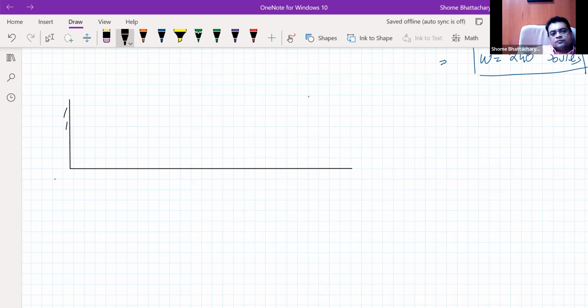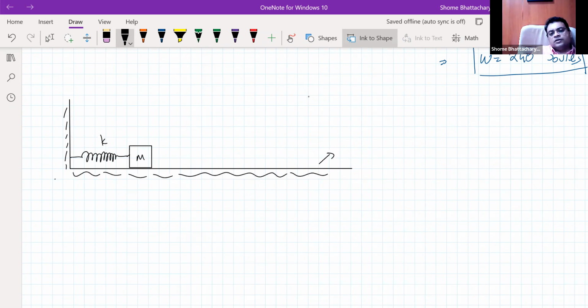Okay, so with the spring, we've attached a certain block of mass m, and this is a rough surface. It has a given coefficient of friction. Now, initially, the spring is at natural length. So this is the initial position of the block. Now we start pulling the block with a constant external force F.